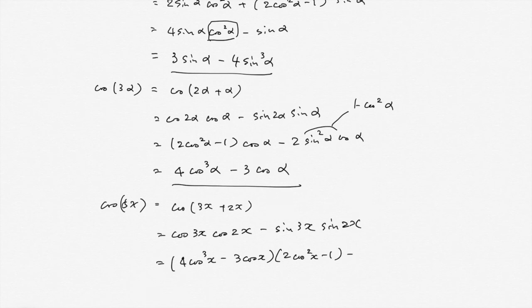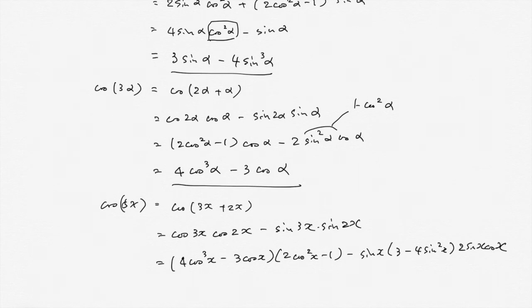For the sine 3x times sine 2x, it becomes sine x times 3 minus 4 sine square x, times 2 sine x cosine x.